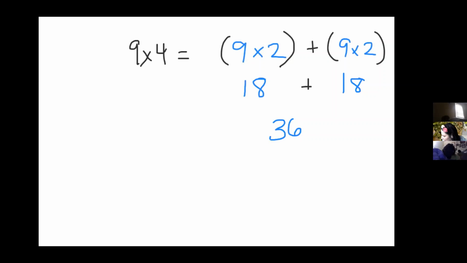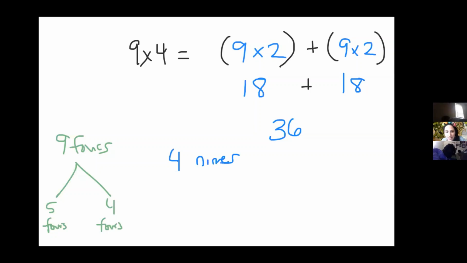So originally, with the work I just showed, I did 9 4s, and then we split it into 5 4s and 4 4s, right? C, you thought of it a different way. You thought of it as 4 9s, and then you did 2 9s and 2 9s, right?